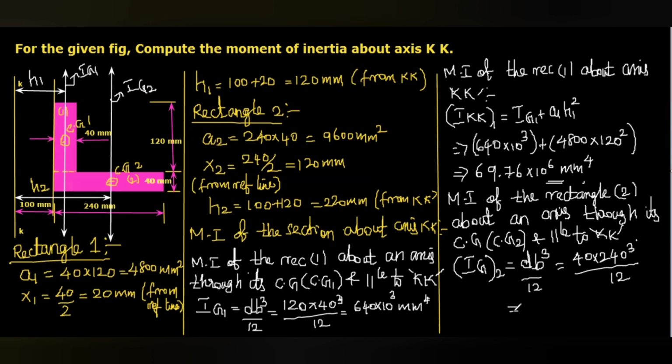By simplification, the value of IG2 we will get is 46.08 multiplied with 10 power 6 mm power 4.